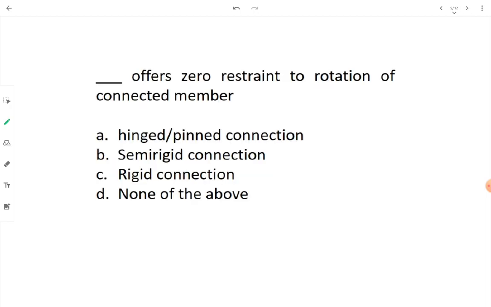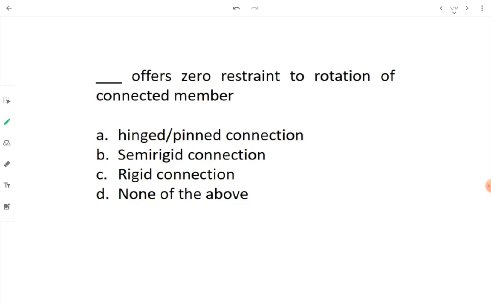Then, fill in the blank: blank offers zero restraint to rotation of connected member. Hinge or pin connection offers zero restraint or zero resistance to rotation. It allows full rotation. Semi-rigid connection offers partial resistance or partial restraint, and rigid connection does not allow rotation at all.